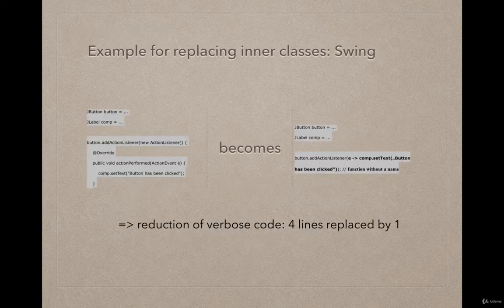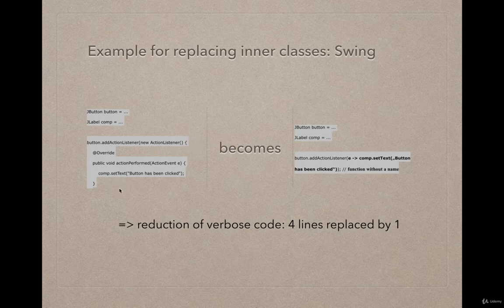Let's look at an example. The classic example for anonymous inner classes is Swing. Like this, you would have a button and a label, and you would write: add action listener to the button, and within the parenthesis of that method, you would define your anonymous inner class, on the fly.